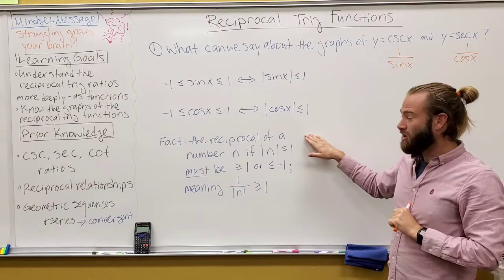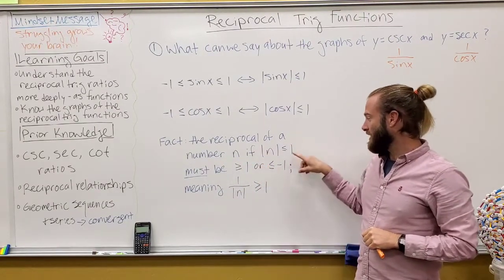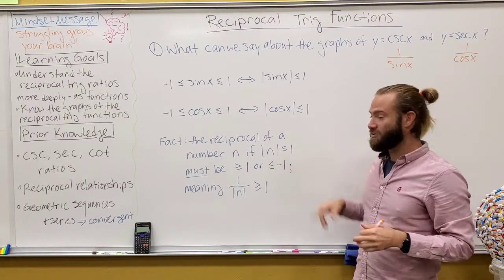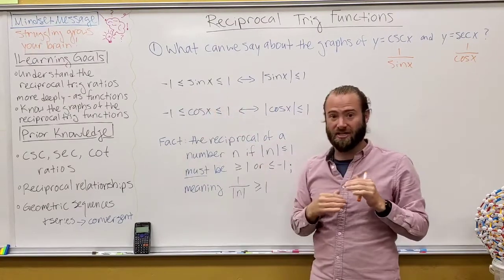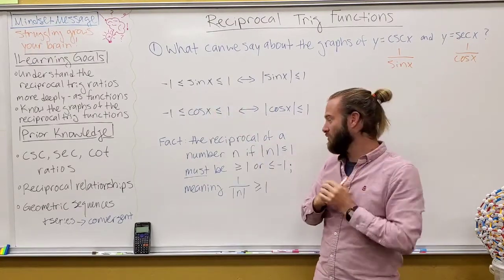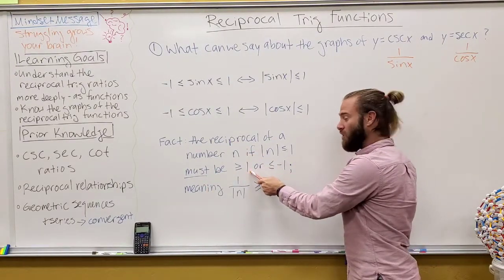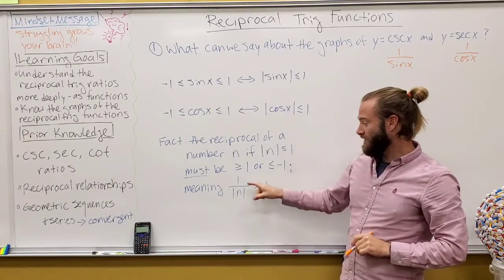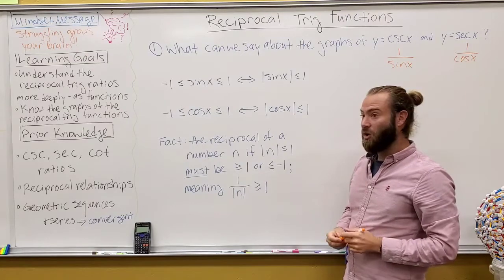There's an important fact about reciprocals. If you take the reciprocal of a number n, if the absolute value is less than or equal to 1, so what we're saying here is, no matter what sine x and cosine x are, they're always between -1 and 1, the reciprocal must be greater than or equal to 1 or less than or equal to -1. And what that means is, the absolute value of the reciprocal of that number is always greater than or equal to 1.